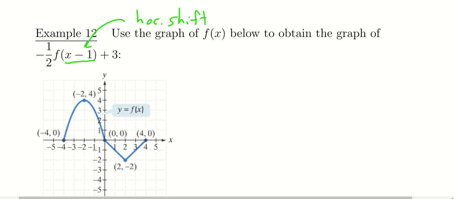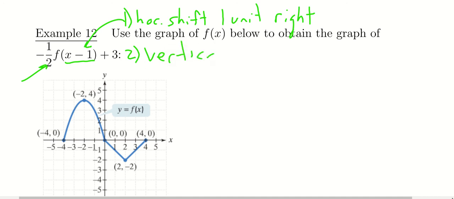And that's going to be 1 unit to the right. We also have on the outside a multiplication by 1/2. That's going to be a vertical shrink by a factor of 1/2.